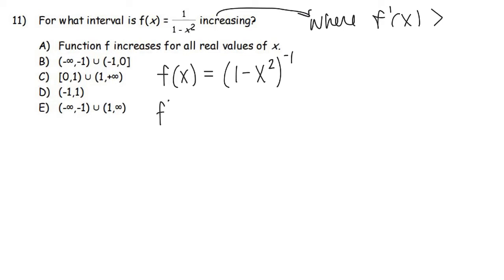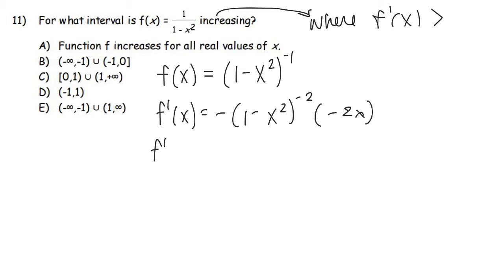So f prime of x is going to be negative times 1 minus x squared to the negative 2 times the derivative of the inside. Don't forget that. And the derivative of the inside is negative 2x. So let's simplify this up a bit. So f prime of x equals, a negative times that negative gives a positive 2x over 1 minus x squared, squared.